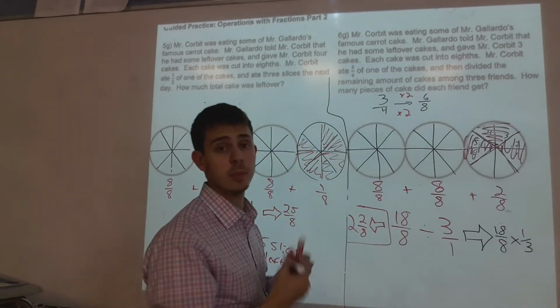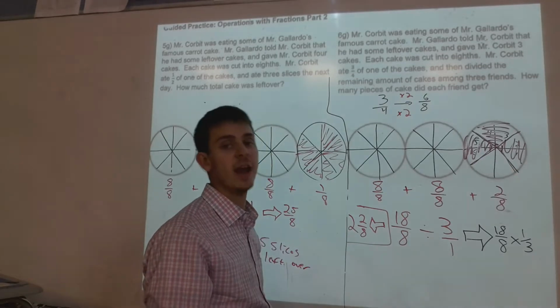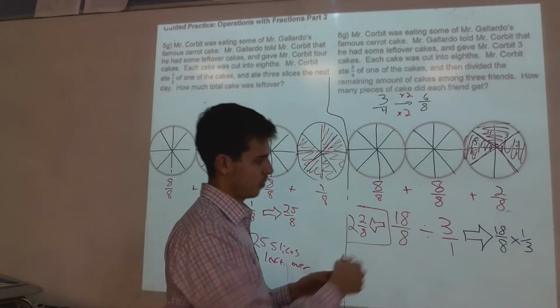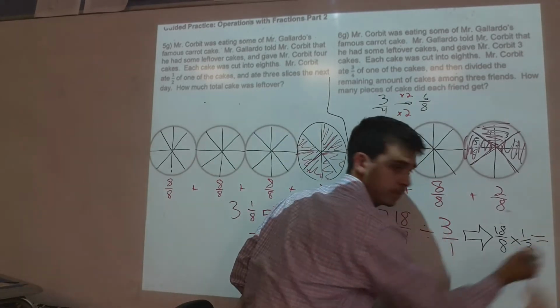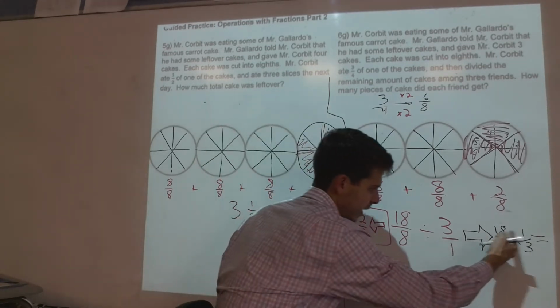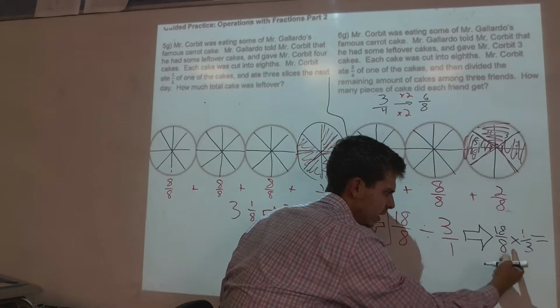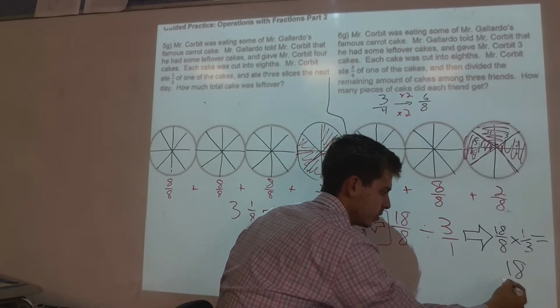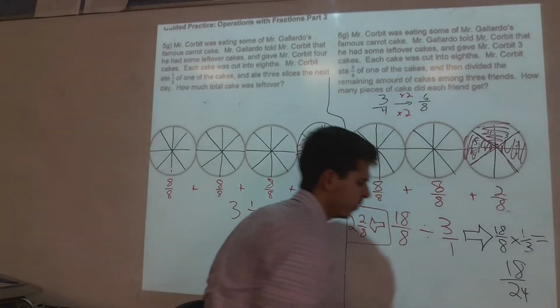If you multiply something by 1/3, that's the same thing as dividing by 3. So now we multiply straight across, and it looks like it's going to be cut out on your screen. So 18 times 1 is 18, and then 8 times 3 is 24.